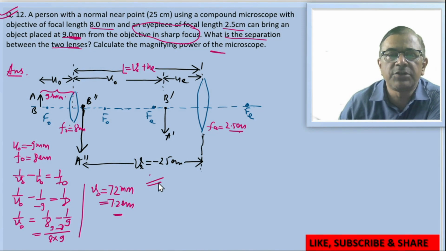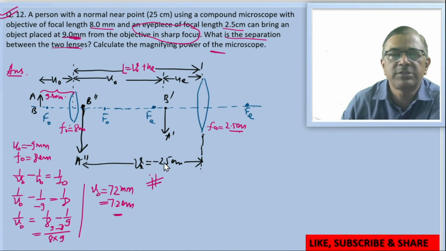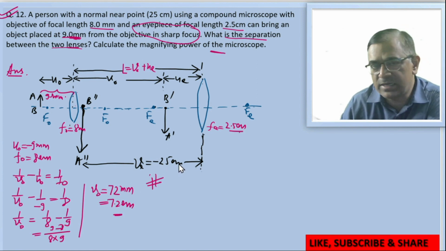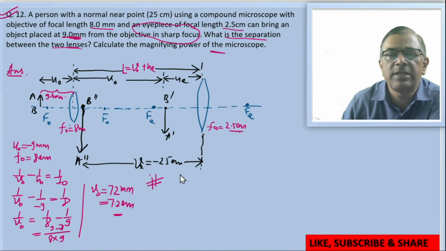Now let us focus on the information given for the eyepiece. For the eyepiece, FE is 2.5 centimeter and the final image is formed at 25 centimeter. Let's again use the lens formula. 1 by VE minus 1 by UE equals 1 by FE, and this is equal to 1 by minus 25 minus 1 by UE.